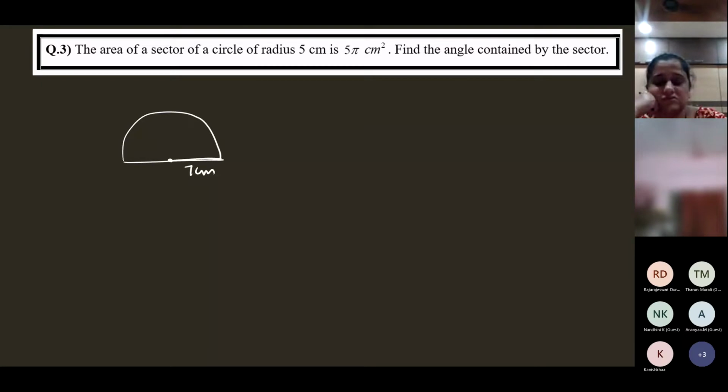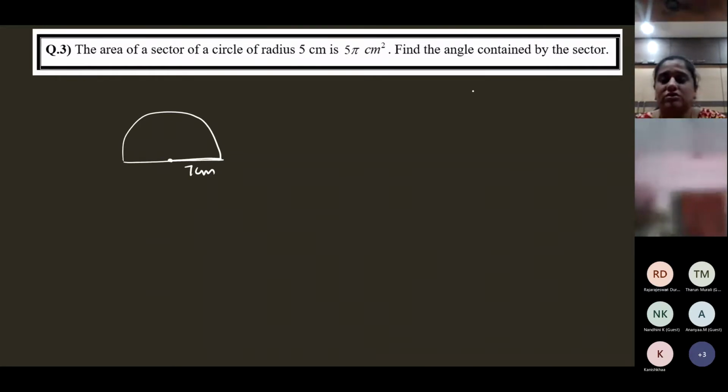77 centimeters, is it? Ma'am, I'm not speaking anything right now. I couldn't hear you. What is the perimeter of this figure you see on the screen? 36 centimeters.